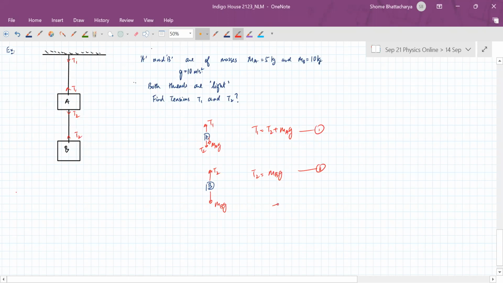Solving these, you can see that T1 is the combined weight.